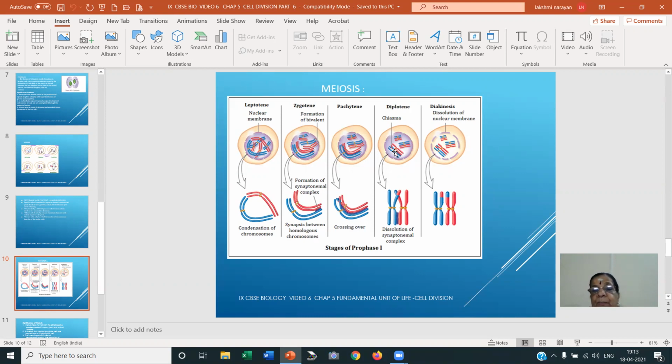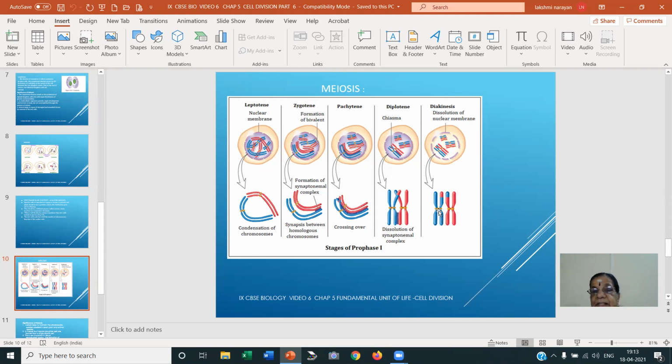Then, there are many points of crossing over. That region is called the chiasma, singular chiasma, plural chiasmata. And then at the diakinesis stage, the interchanged segments begin to move apart. That is called terminalization.